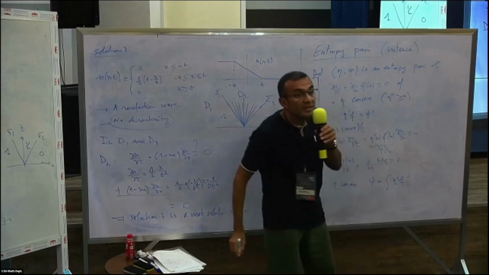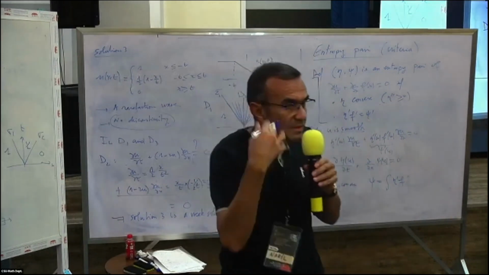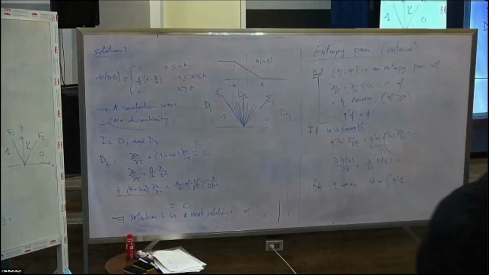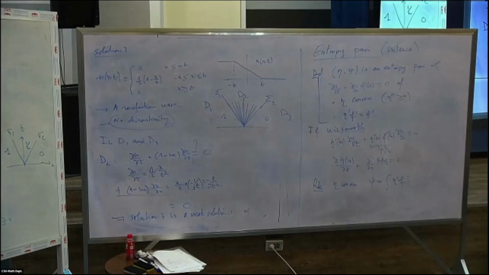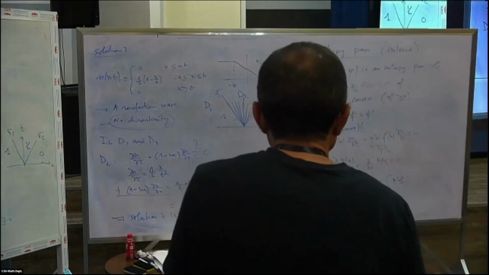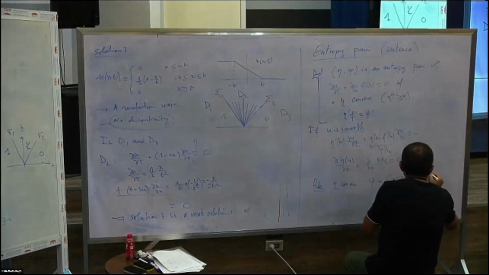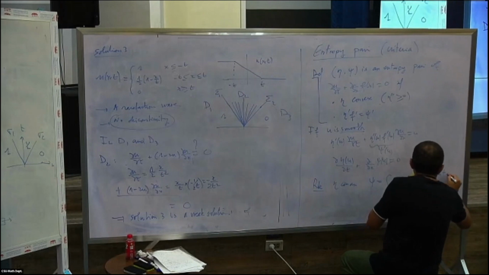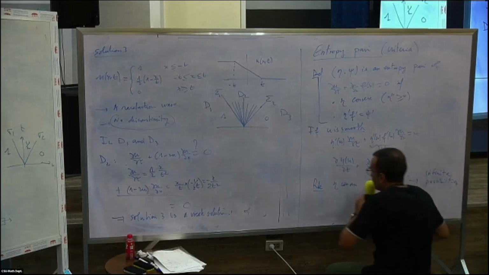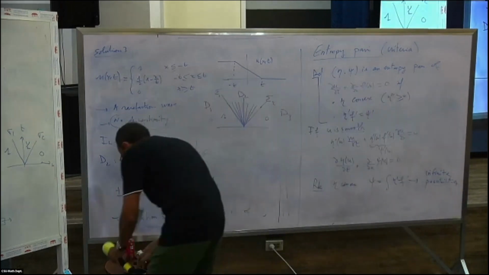You can construct infinitely many, if you take infinitely many convex eta. So infinite possibilities.